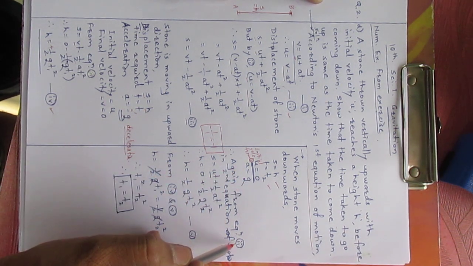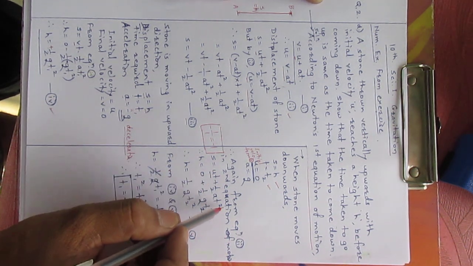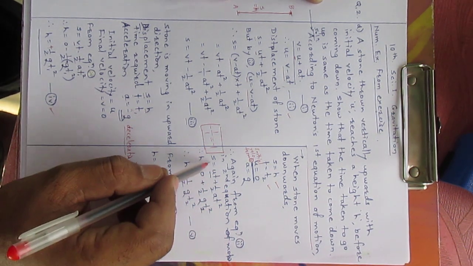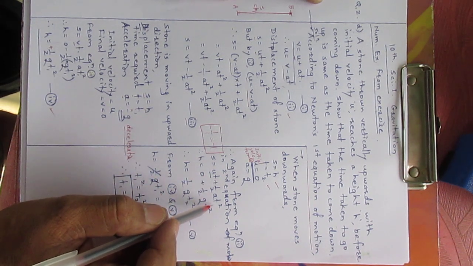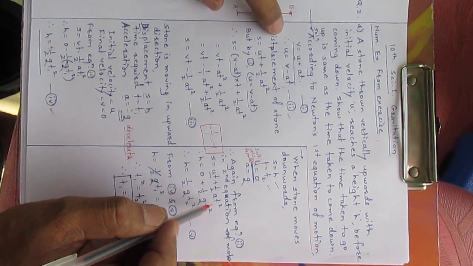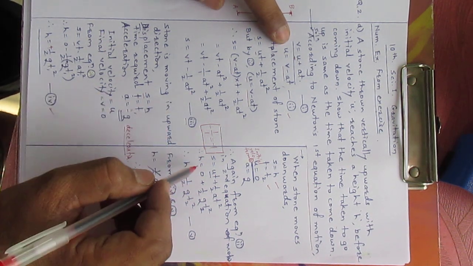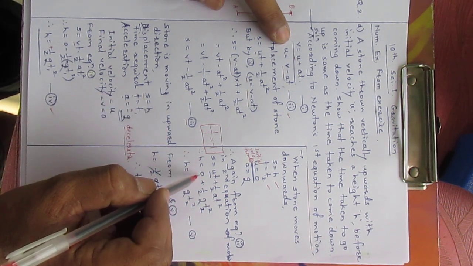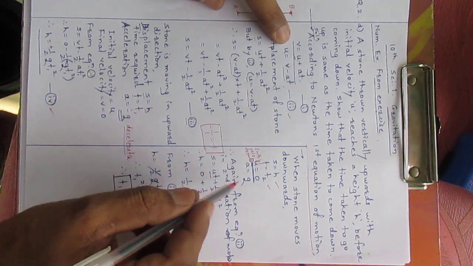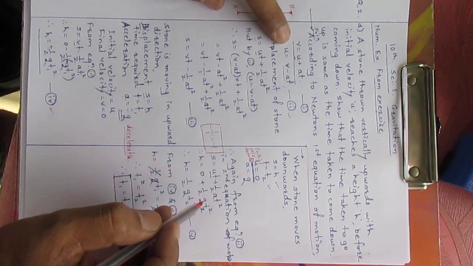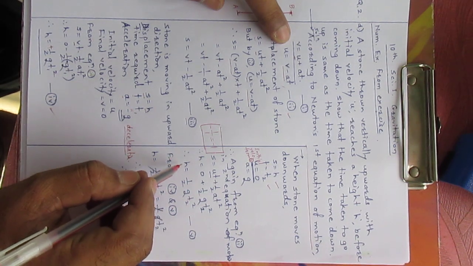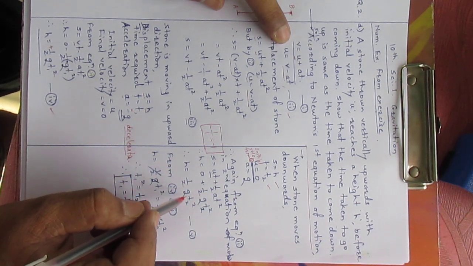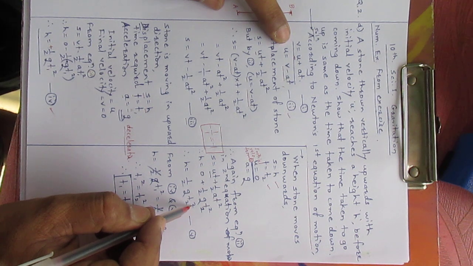Again from equation number 2, the second equation of motion, s is equal to ut plus 1 half at square. Then we will get h is equal to 0, because u is 0, plus 1 half g t2 square. Therefore h is equal to 1 half g t2 square.